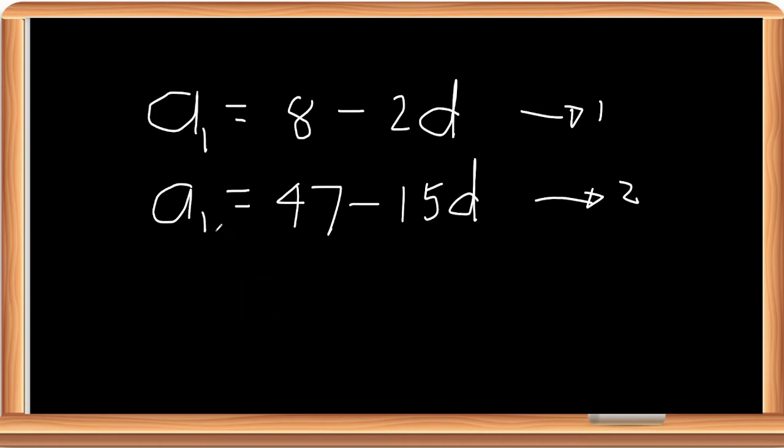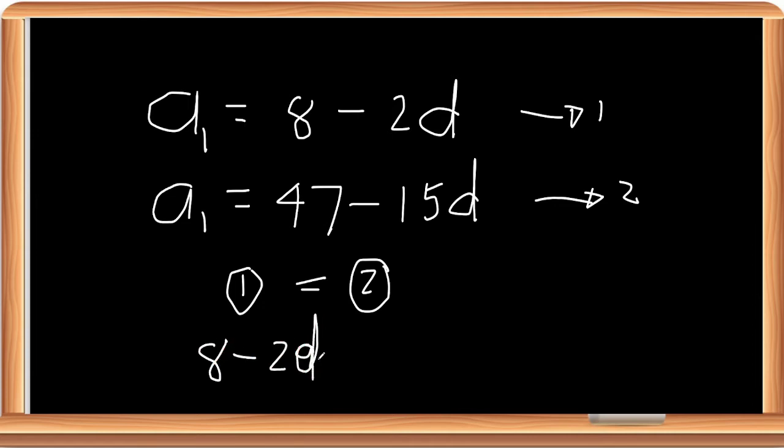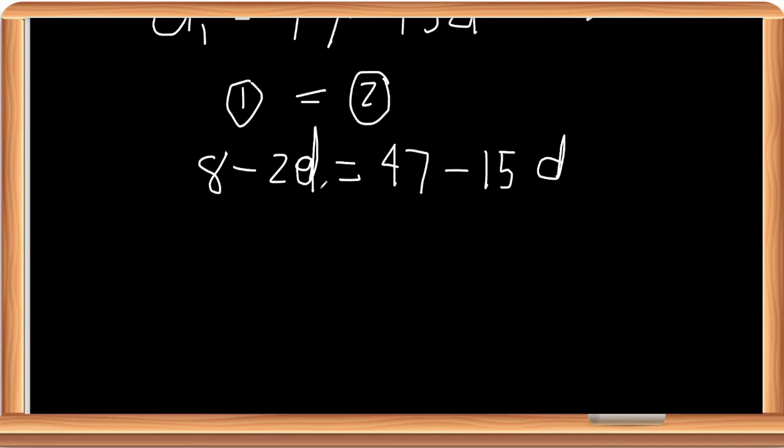Now, since pareho silang a sub 1, we can say that equation number 1 is equal to equation number 2. No? So, we can say that 8 minus 2d is equal to this one, for equation number 2, which is 47 minus 15d. Okay. So, kung mapapansin nyo, d na lang yung unknown dito. No? Nawala na yung a sub 1. So, ang gagawin natin, pagsasamahin natin yung mga like terms.